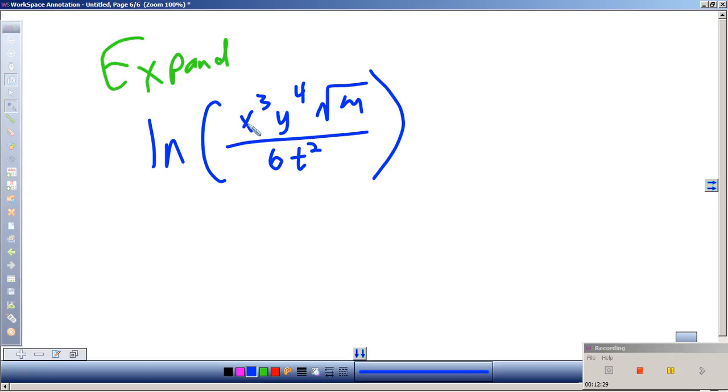So: x cubed y to the 4th, square root of m over 6t squared. Okay, so what are we going to have? For 3 ln x.